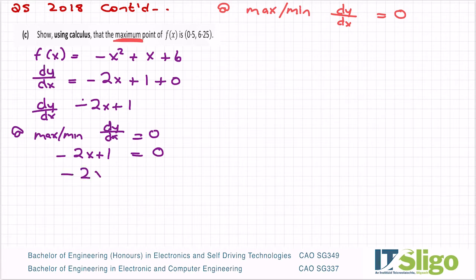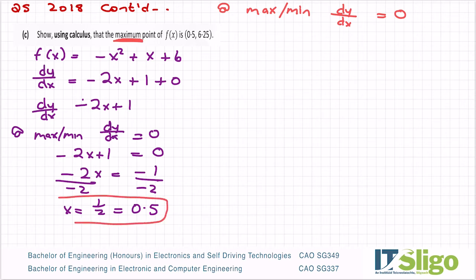Okay, so bring the plus 1 over the other side and it becomes minus 1. And divide across by minus 2. And I'm getting x is equal to a half, which is of course 0.5. And that's what I would expect to get given that there. Okay, so that's my x coordinate of my max-min point found, and it's told me it's a maximum point, so it's 0.5.